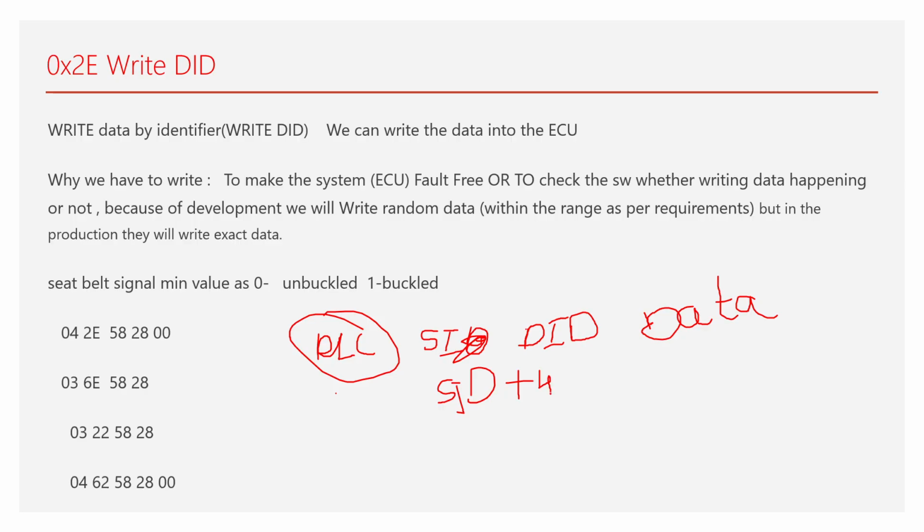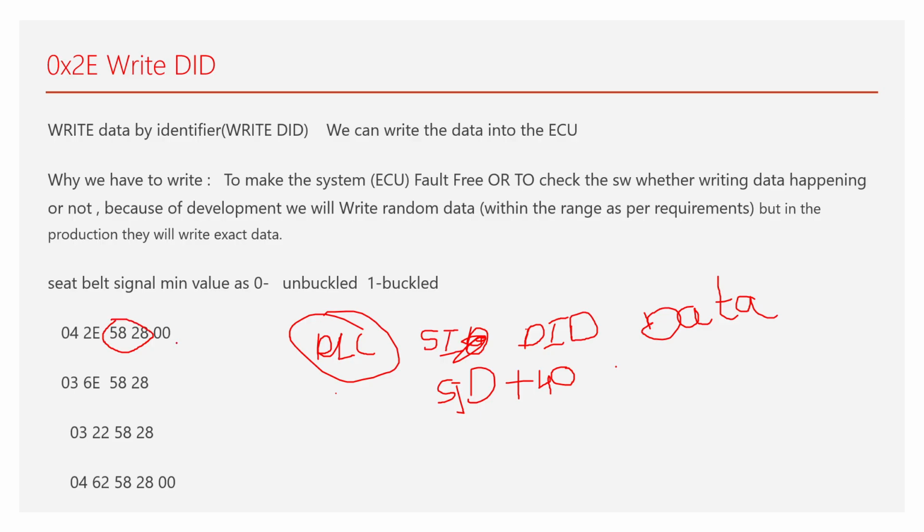As certified by ISO for the UDS protocol, we have to add 40 to the service ID for every service's positive response. Then the DID we gave. For example, I give 5828. This is the DID I gave.